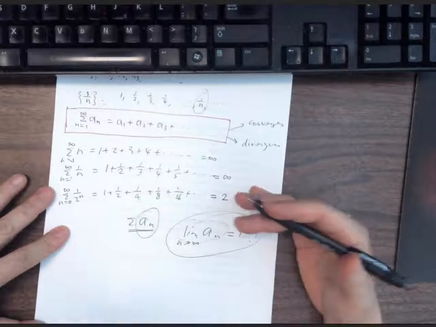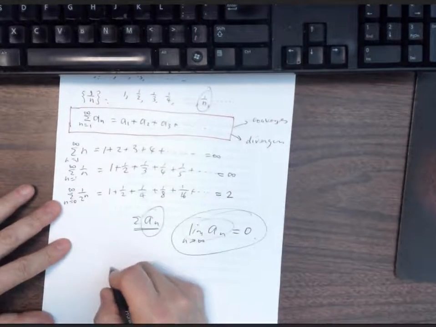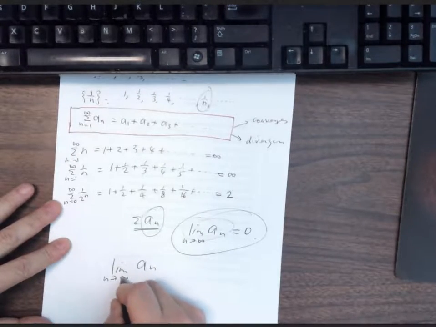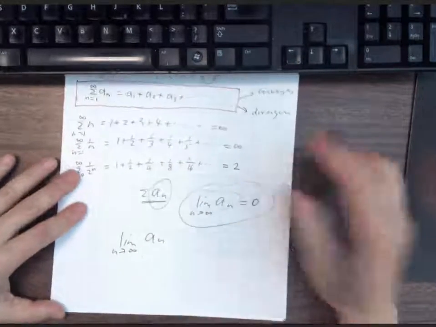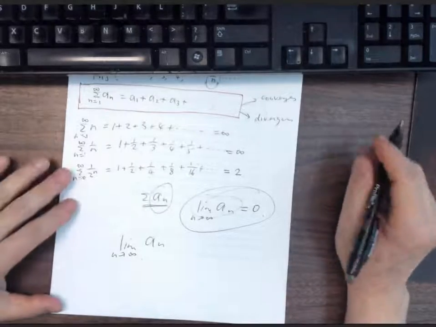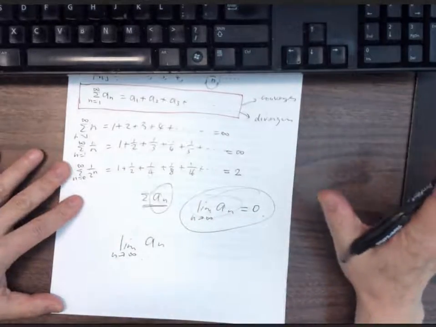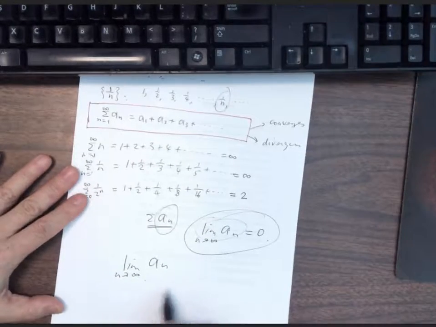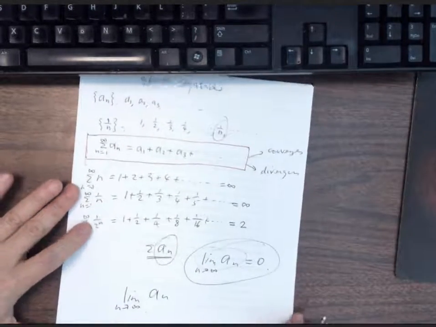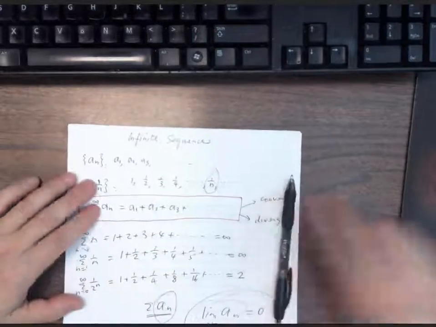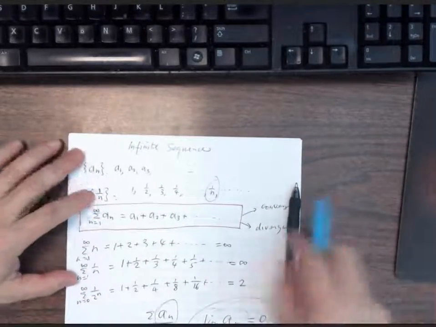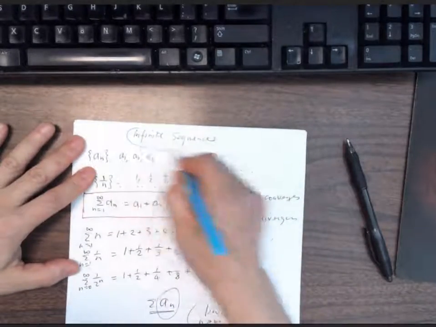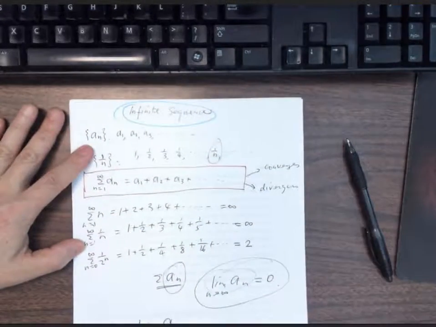So this is one reason we want to examine the limit of a sequence. Also later on, when we introduce different tests that we use to check convergence and divergence, we'll use limits. This is why in this section we want to talk about infinite sequences, particularly limits of infinite sequences.